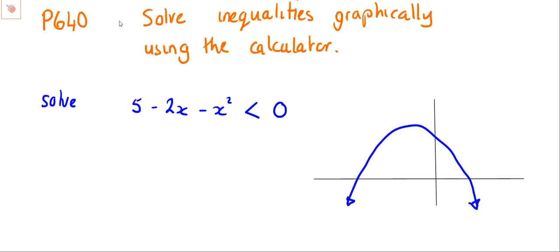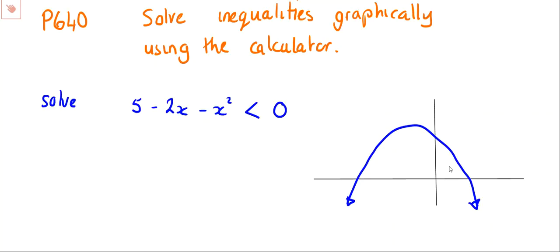Where on the graph would I look? Because you know the line, we talked about this, what would I replace this sign with if I was to consider the line? It would be equals y. So y equals 5 minus 2x minus x squared, that's what the line is.